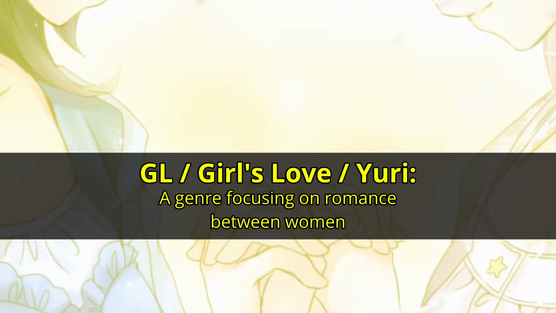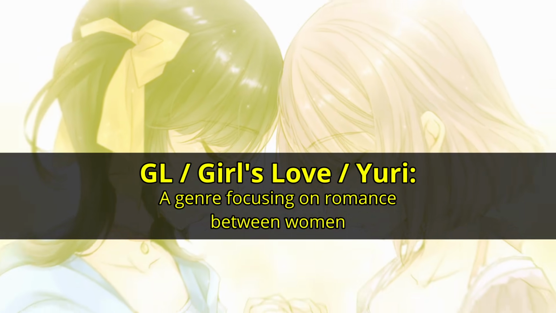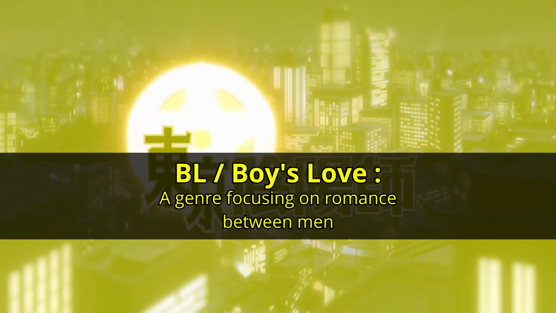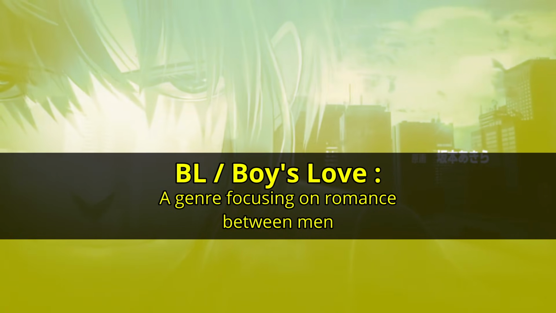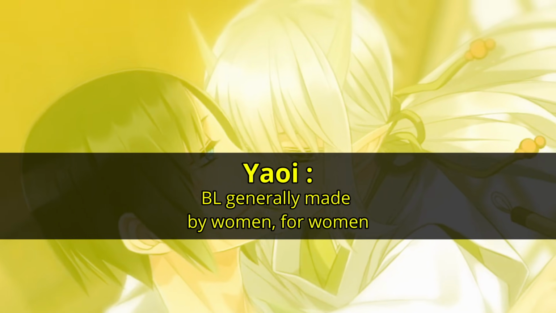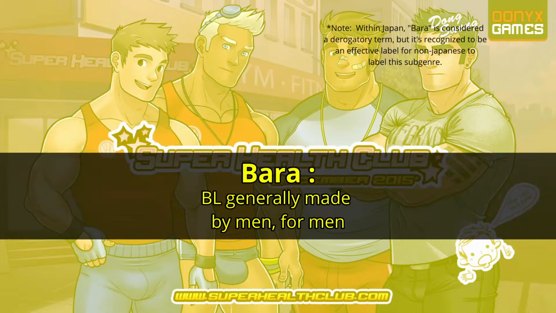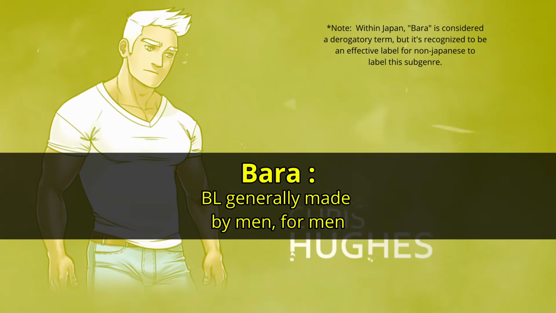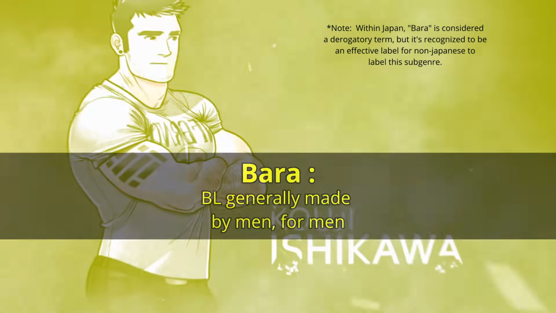GL, or girls' love, is used pretty interchangeably with yuri and focuses on intimate relationships between women. BL, or boys love, is about intimate relationships between men, but while yaoi is usually created by women for other women, bara is an umbrella term used for gay male love stories created by men for other men.